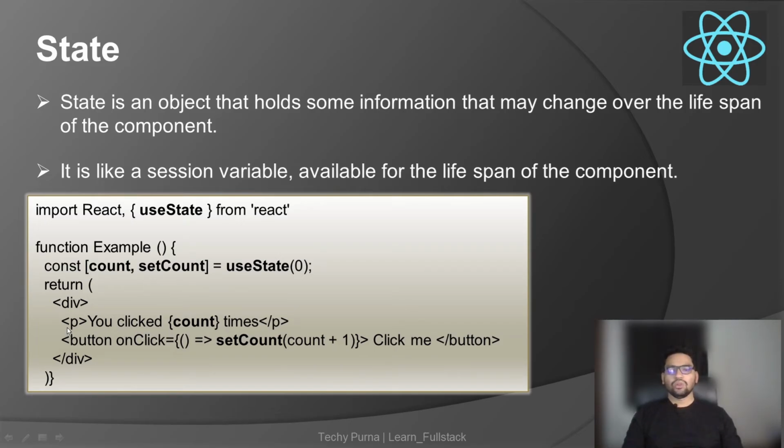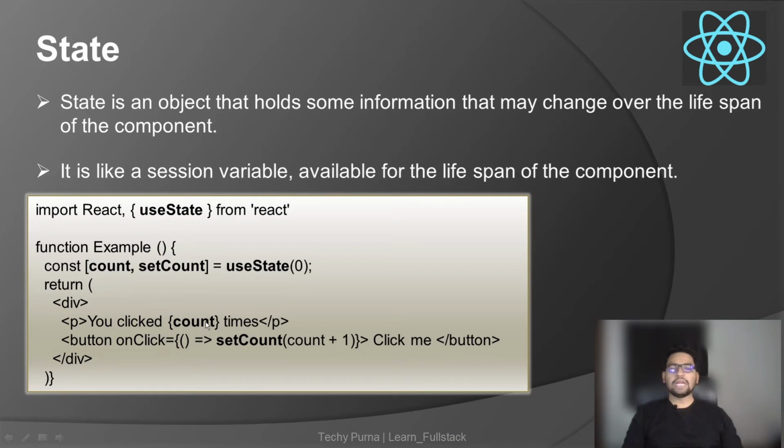If you see this code snippet written inside the div, we have a paragraph, you clicked count times. This count is an expression: the entire line is HTML, but inside the HTML we have some JavaScript code written as an expression, and it denotes this particular count variable.